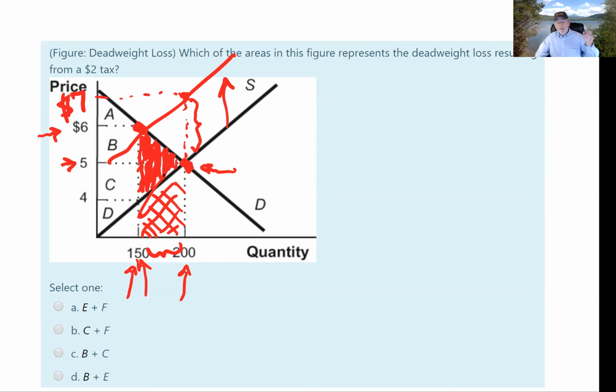What do those represent? Those are the gains from trade that consumers and producers would have enjoyed if the quantity had remained at 200, but because of the tax, those last units don't get produced, and so we lose the gains we could have had. The answer then is E plus F.